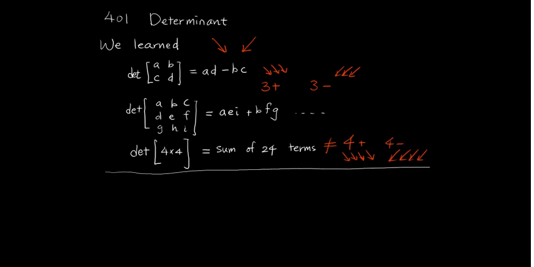So you know how to do 2 by 2 and 3 by 3, right? Now let me tell you the general strategy to find the determinant for an n by n matrix. It follows 4 rules.